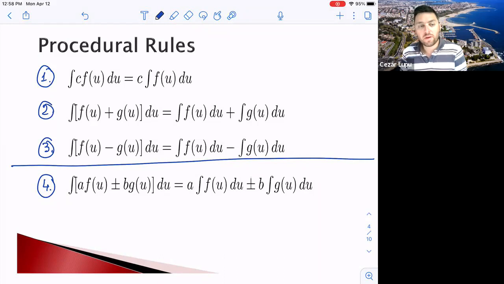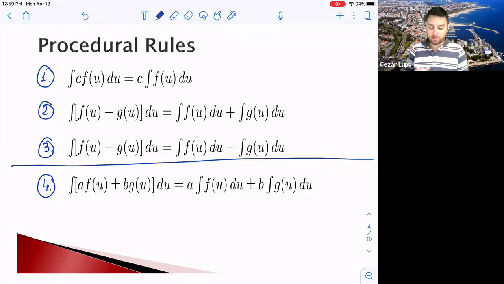In other words, the integral of f of u plus g of u, everything du, is the integral of f of u du plus the integral of g of u du. So it doesn't matter how you add or how you integrate. If you add the functions first, or you separate them to compute each integral and then add them, it's the same thing.